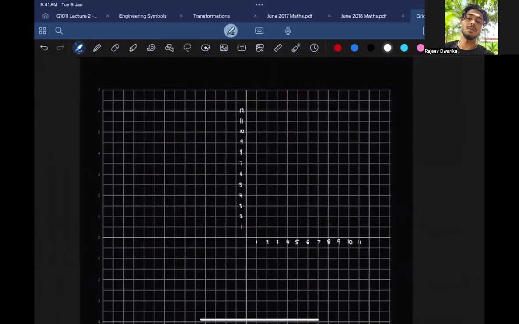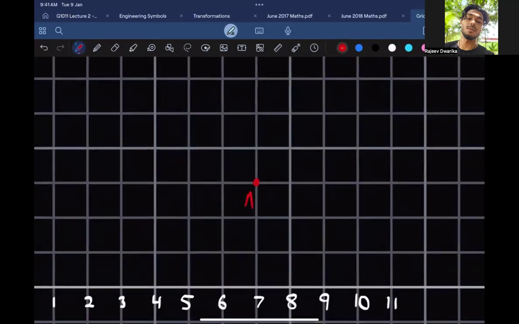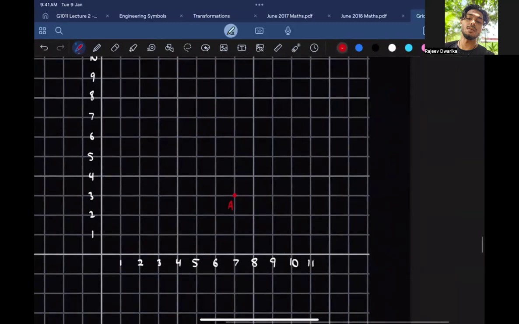So my first point is 7-3. 7-3 is right here. They didn't really name the points, but let me do that. Let me call this A. The other point is 8, 7.